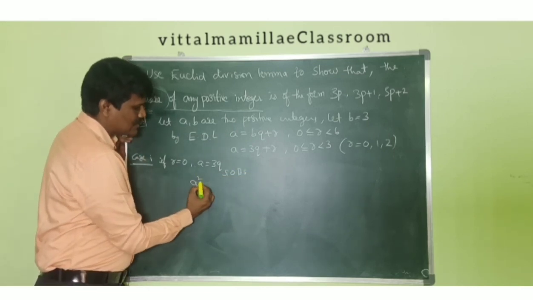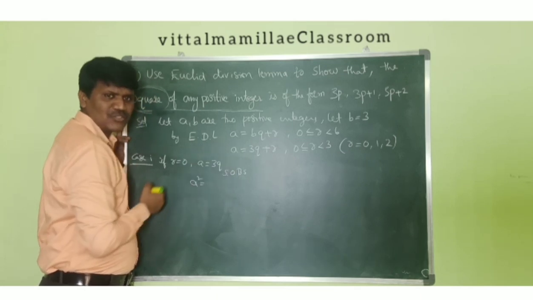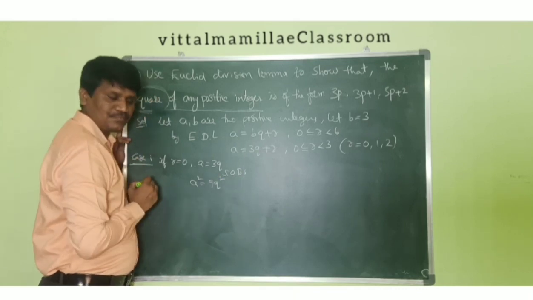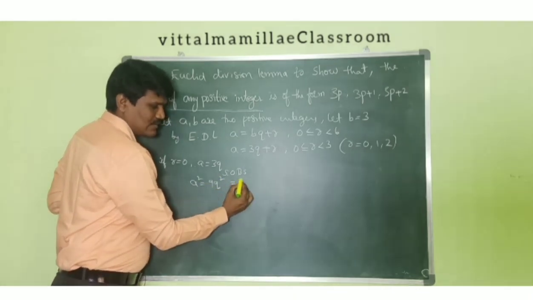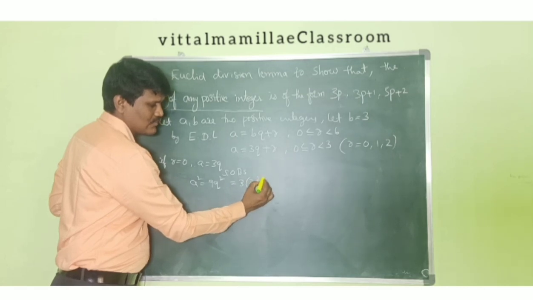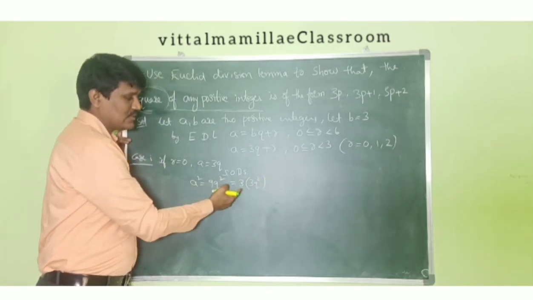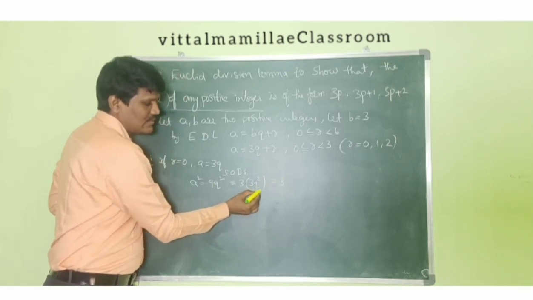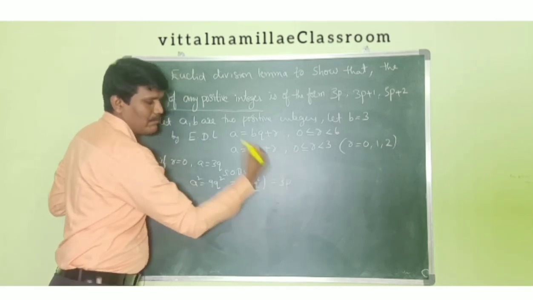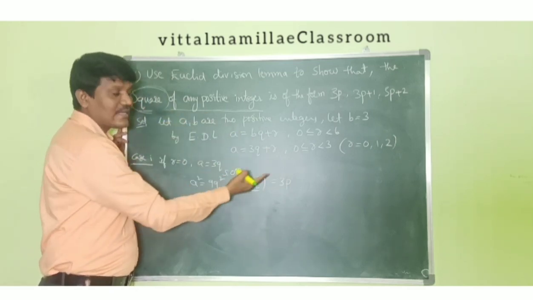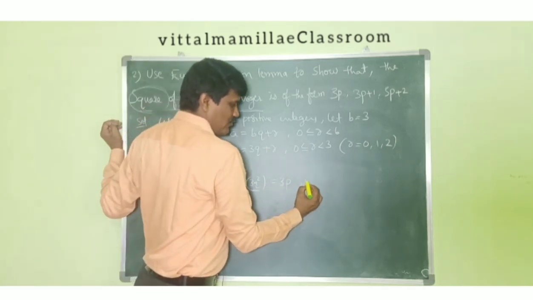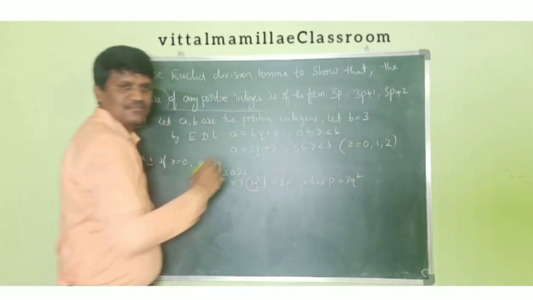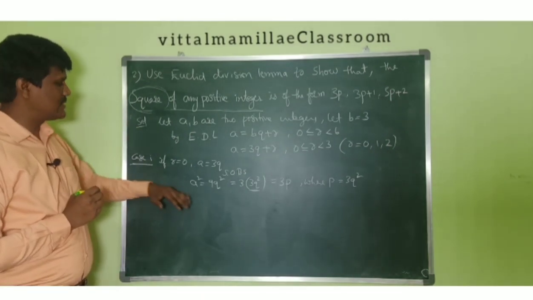Then you will get a square is equal to 3q whole square. 3q whole square is nothing but 9q square. 9q square you can write as 3 into 3q square. 3q square I will take as p. So it is in the form of 3p, where p is equal to 3q square. Okay, this is the first case.